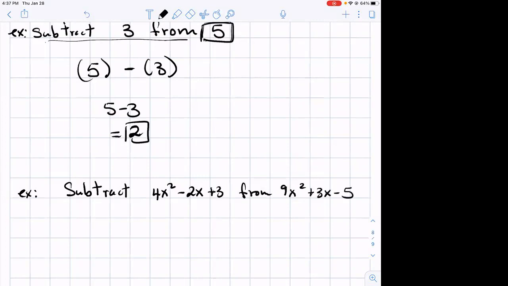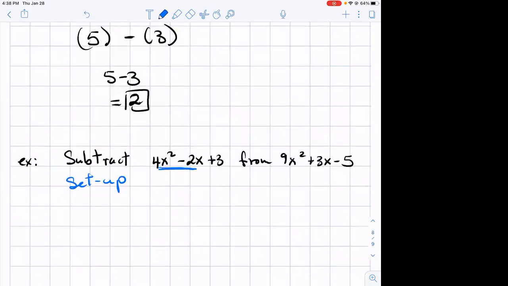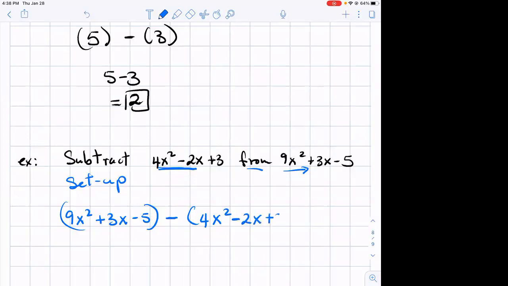How do you set it up? You're taking this from this. So you should write 9x squared plus 3x minus 5, minus, and from that you're taking 4x squared minus 2x plus 3.